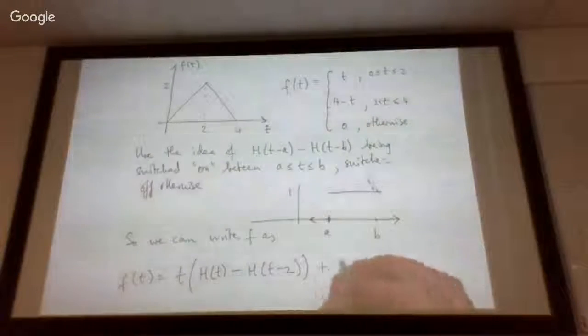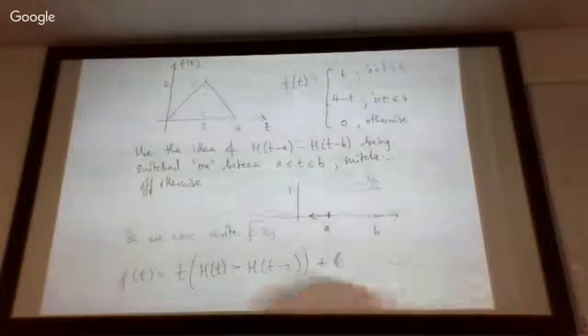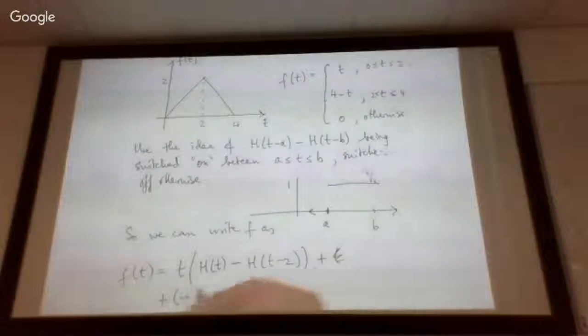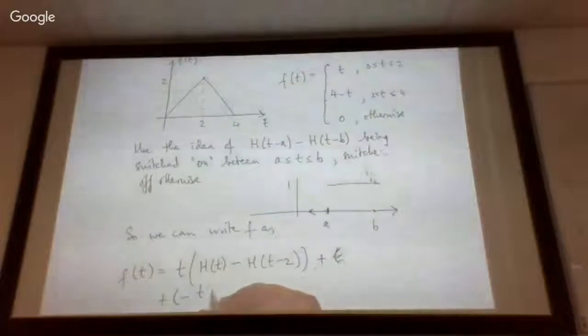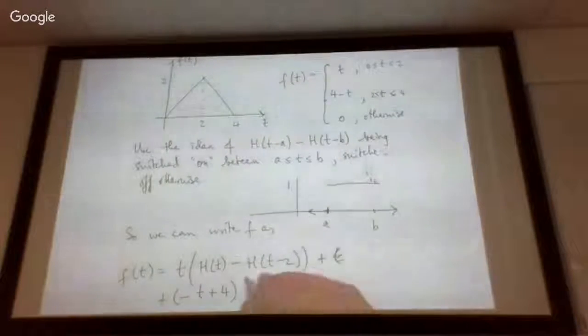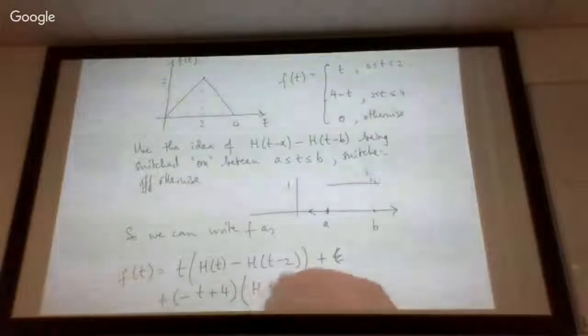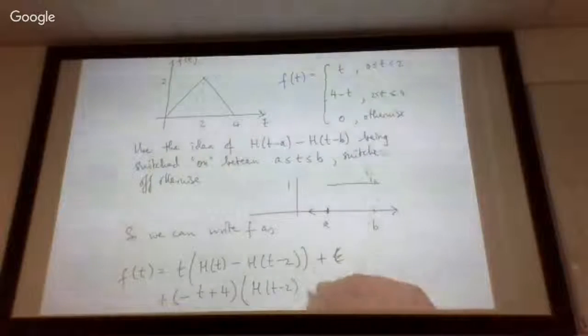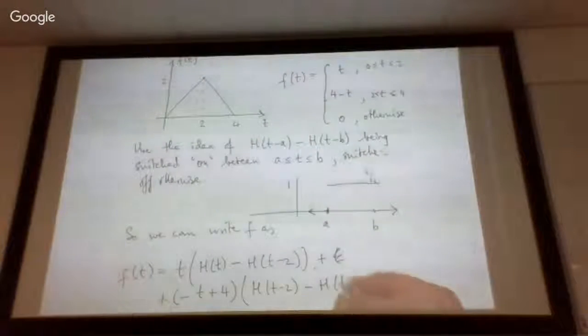Then we go plus the other function, which is 4 minus t, and this is multiplied by the difference of Heavisides which represents the signal switched on between 2 and 4.